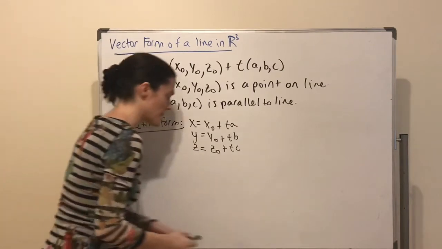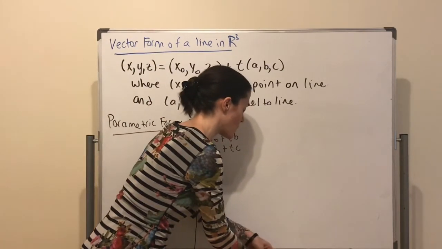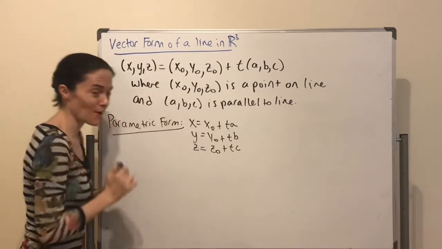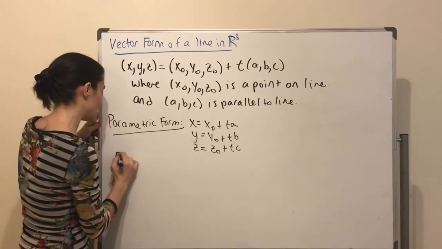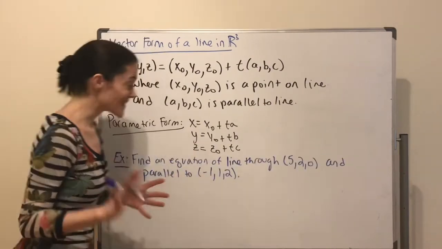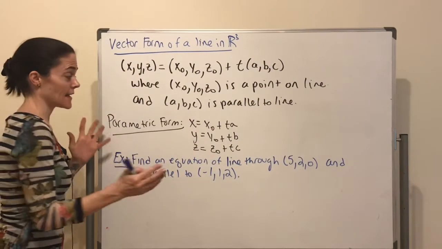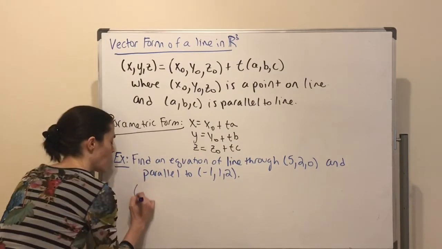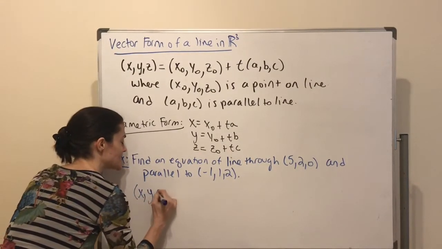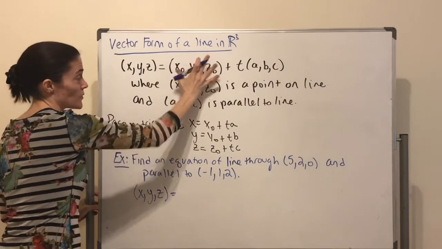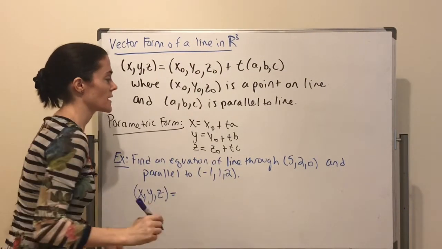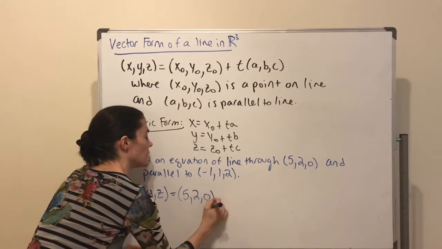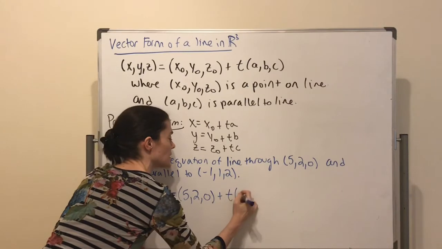Okay, now let's do an example. Our first example is literally going to be just using this formula, and then we will get into some more interesting ones. We want to find an equation of the line. Here's our point, and here is the vector it's parallel to. Like I mentioned, this is just straight application of this formula to a specific example. It goes through this point, and then it's parallel to this vector.